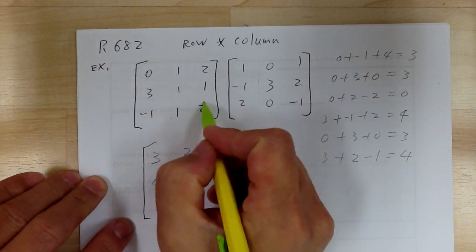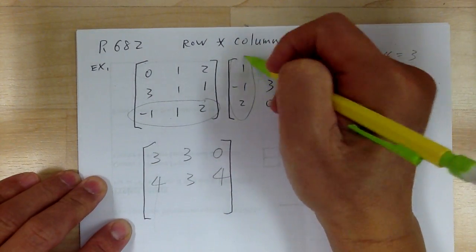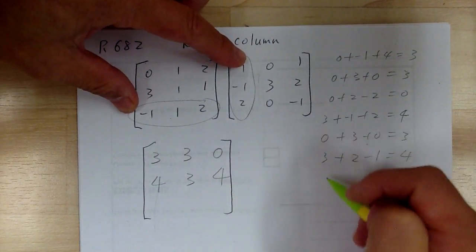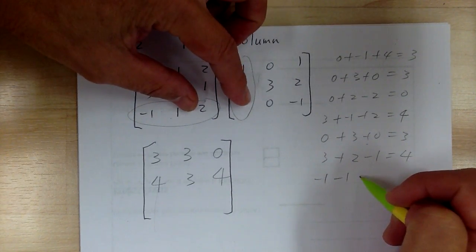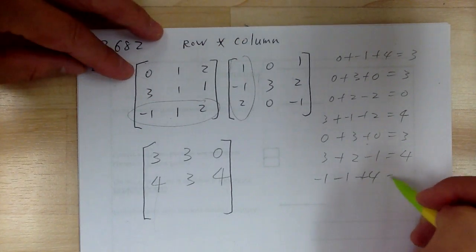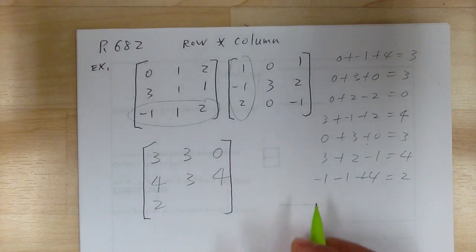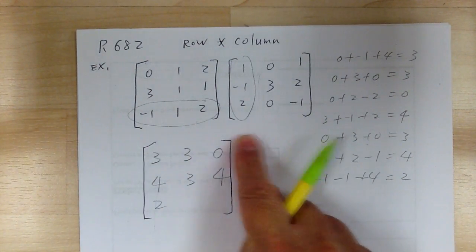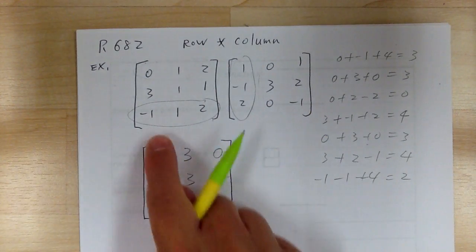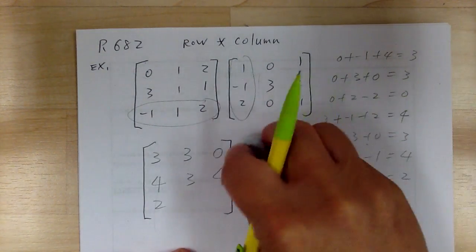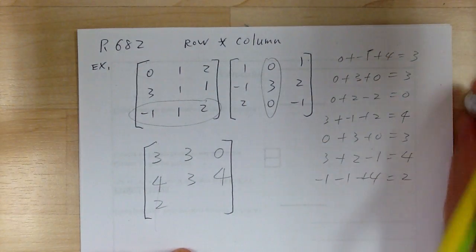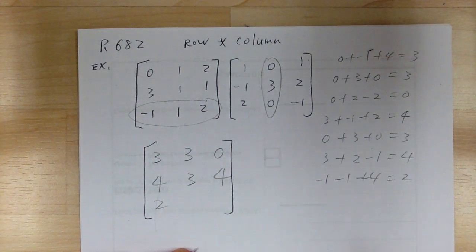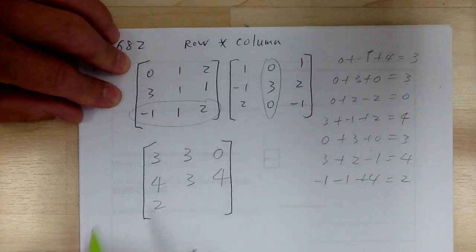So now let's go to the third row and first column. So you can multiply. So it'd be -1, and this is -1, and this is 4. So equal to 2. So 2 goes over here, right? Third row, first column. Okay. Now you go to the next column. Again, you want to take great care to avoid careless mistakes.